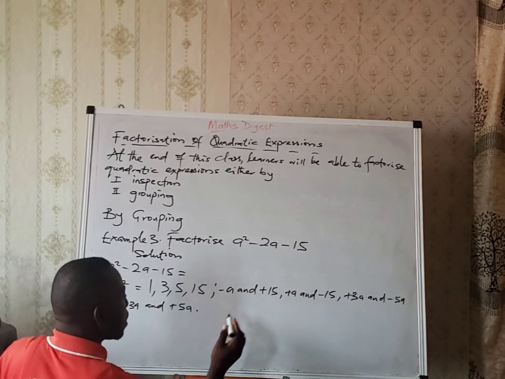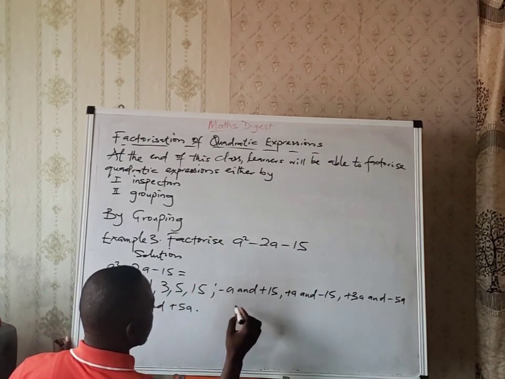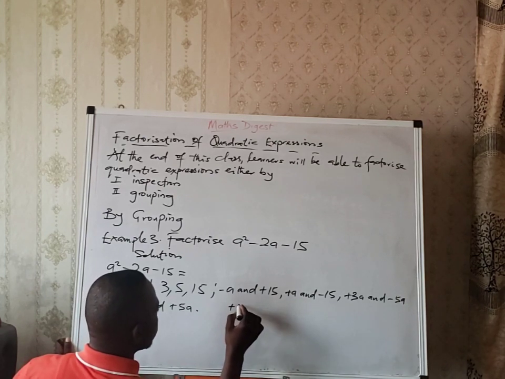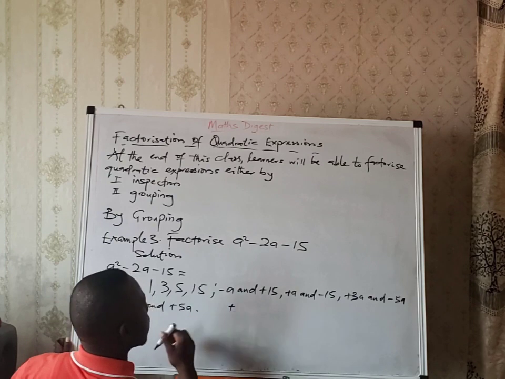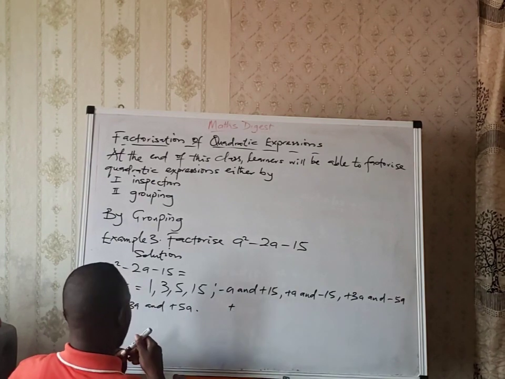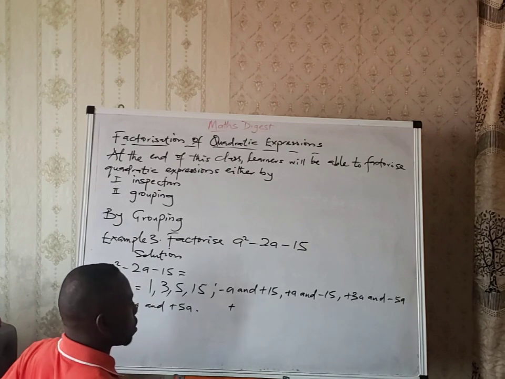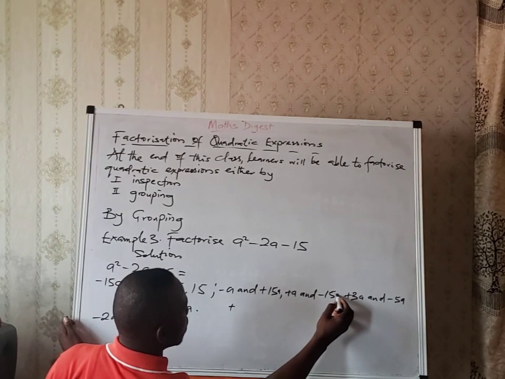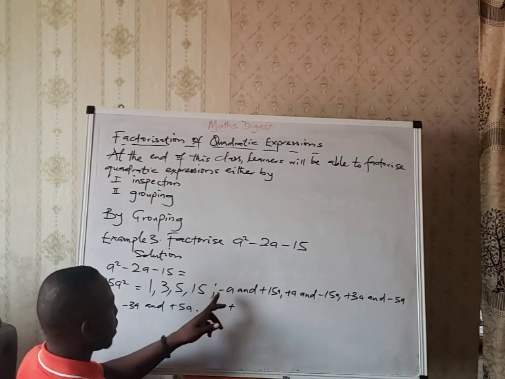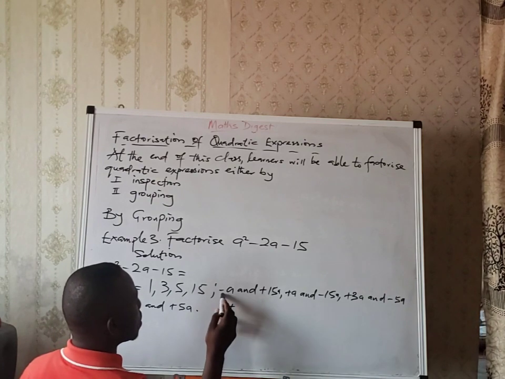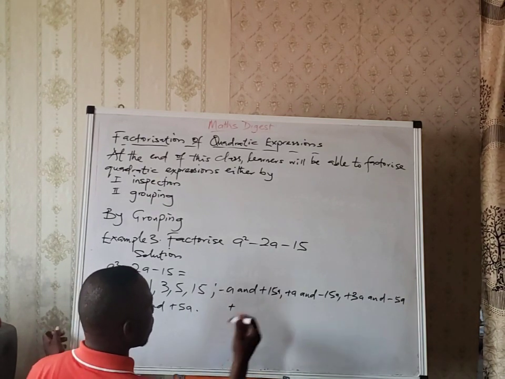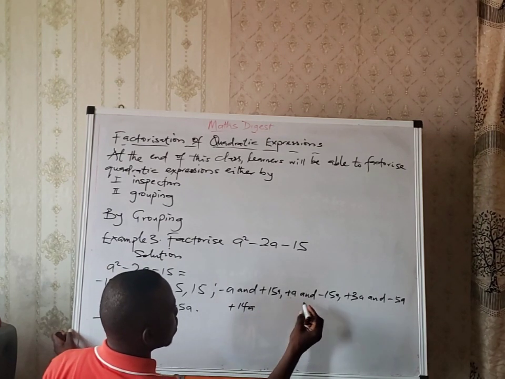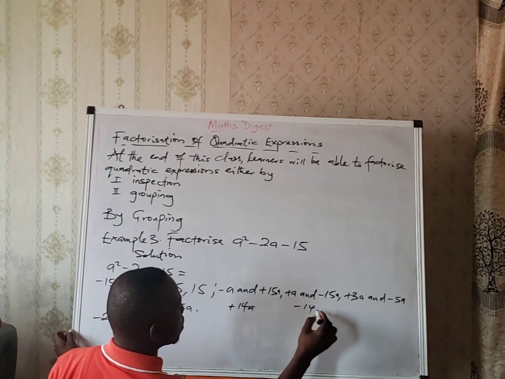So from here, this plus this will give us plus 14a, and this plus this will give us minus 14a.